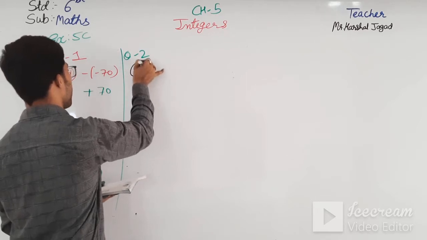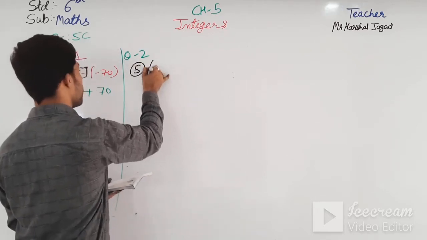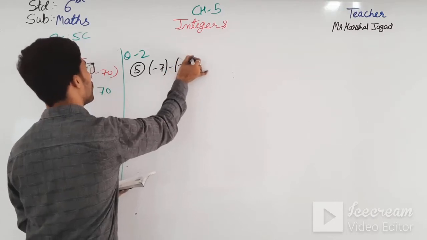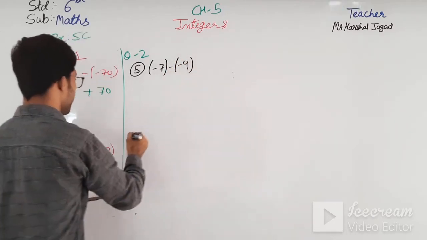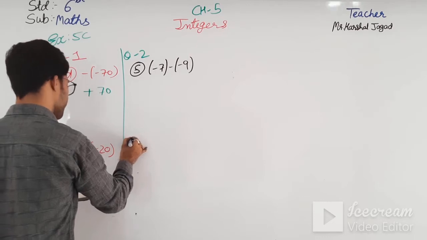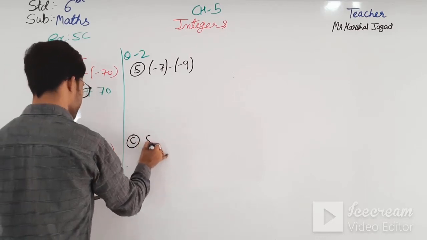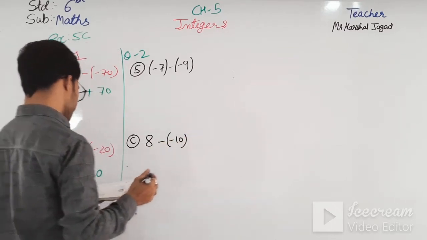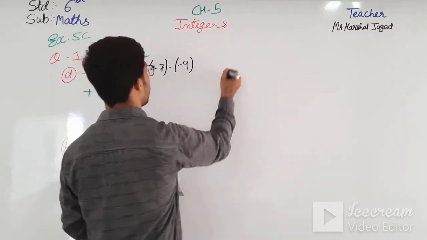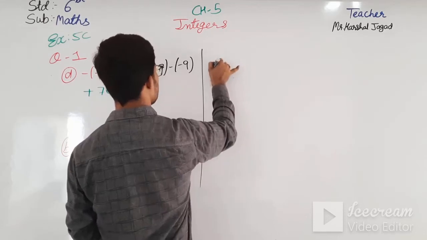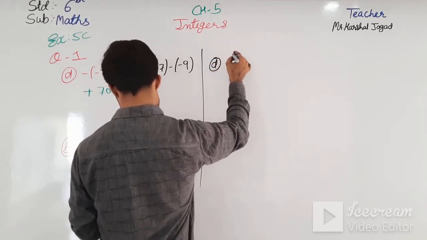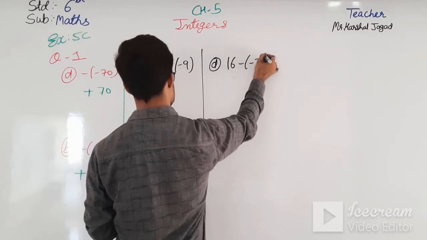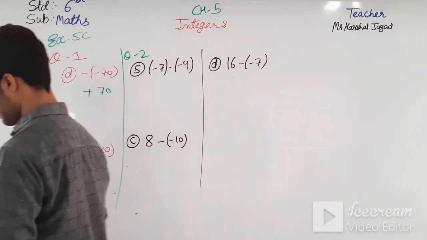First I will take f, that is minus 7 minus of 9, and then we will take c, that is 8 minus of minus 10. Then we will take d, 16 minus of minus 7.